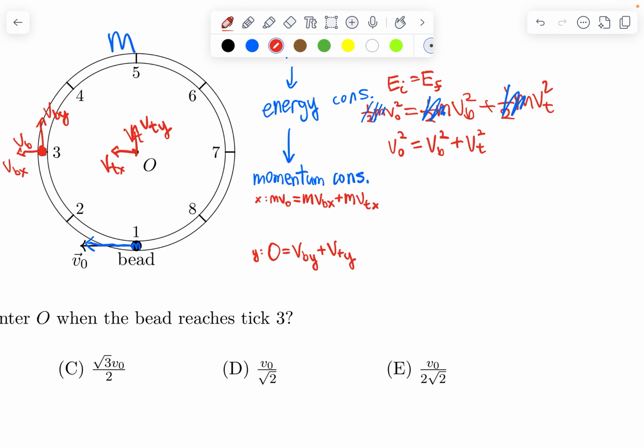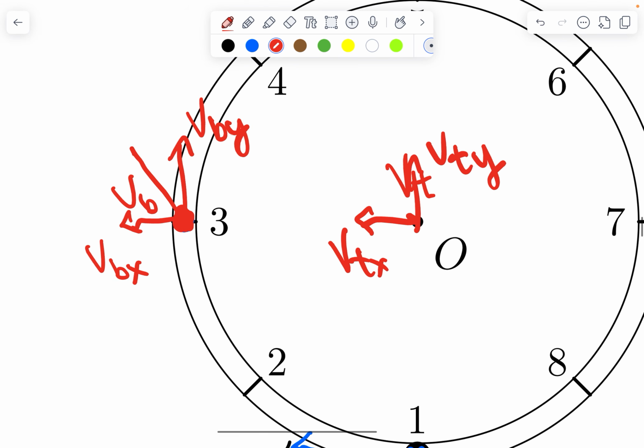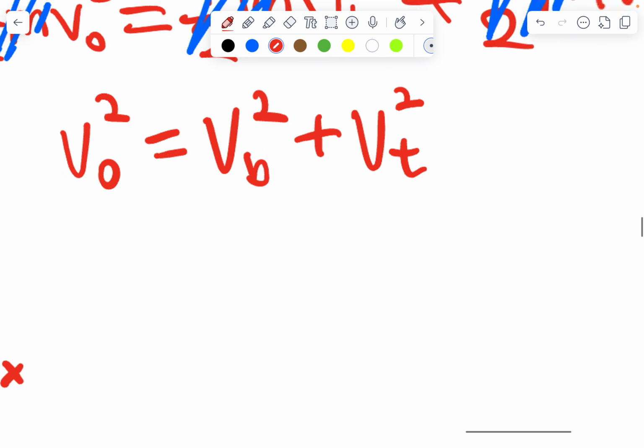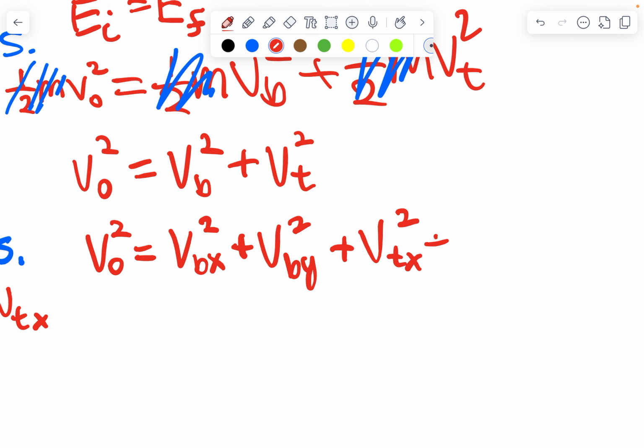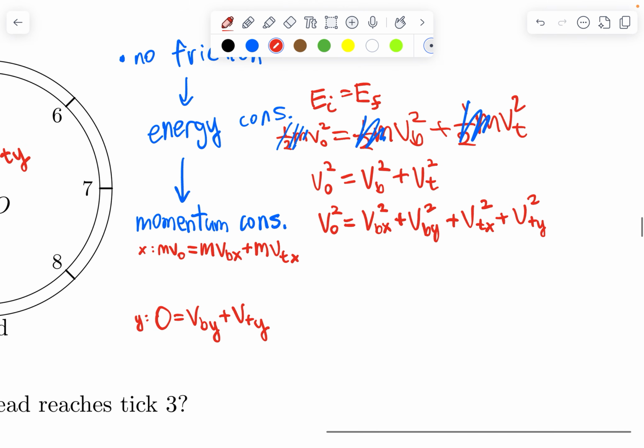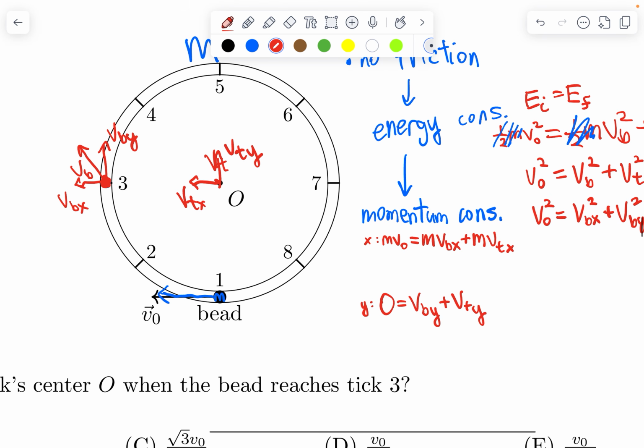So now we can use the Pythagorean theorem, right? vb squared is equal to vby squared plus vbx squared. So then we can expand this into vbx squared plus vby squared plus vtx squared plus vty squared. And after this, we can use another constraint.